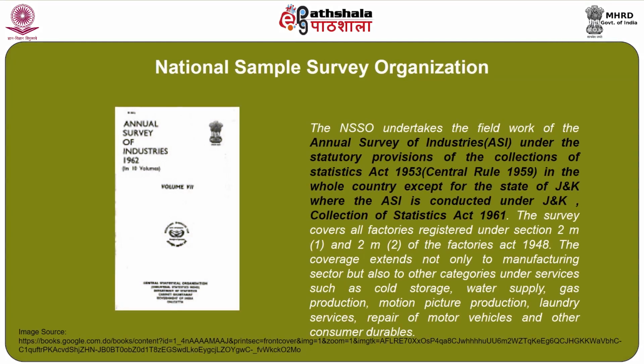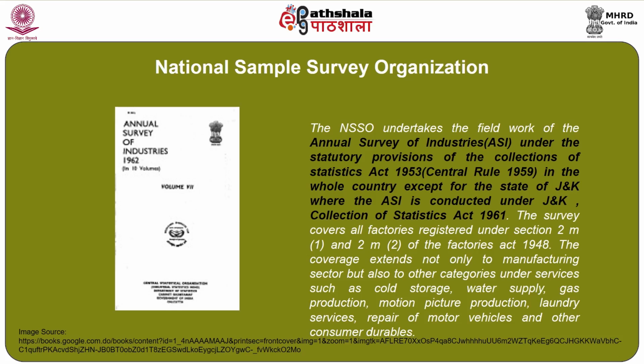The National Sample Survey Organization undertakes the field work of the Annual Survey of Industries (ASI) under the statutory provisions of the Collection of Statistics Act 1953, Central Rules 1959, in the whole country except for the state of Jammu and Kashmir, where the Annual Survey of Industries is conducted under the J&K Collection of Statistics Act 1961.